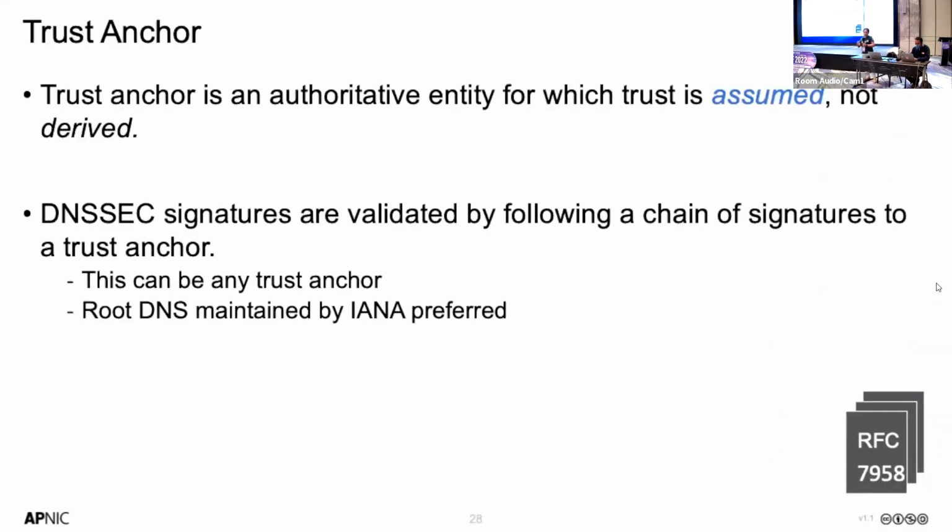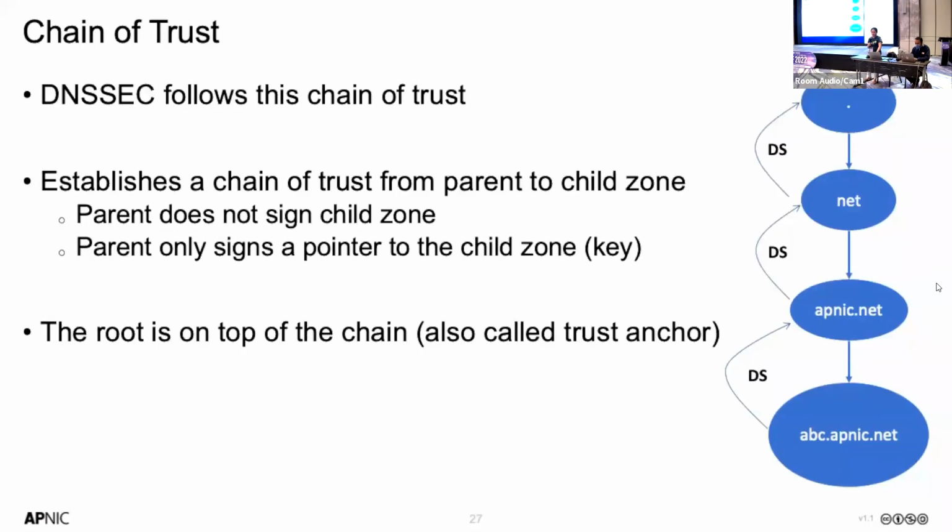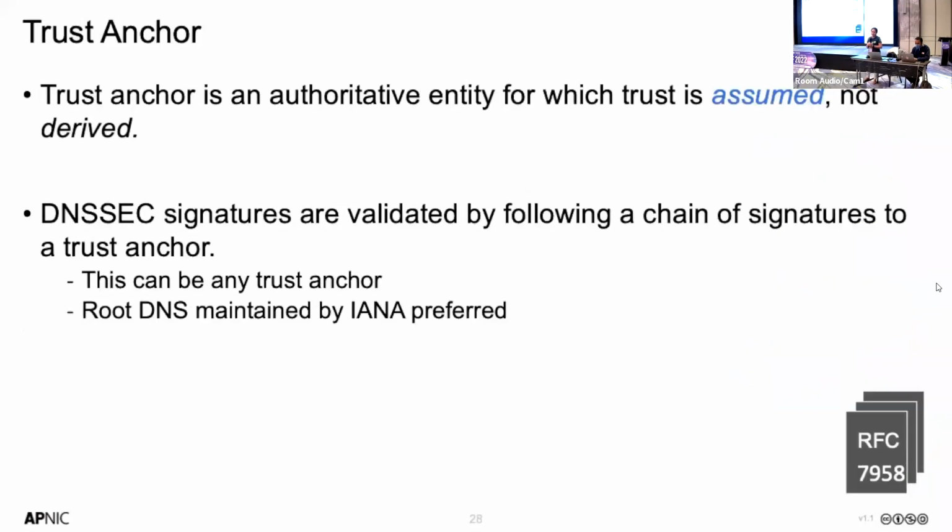So what's the purpose of the trust anchor? We said that the root is the top and it's your trust anchor. A trust anchor generally is an authoritative entity which you trust. Trust is assumed and not derived, because that is the start of the trust. So you make sure that there is an assumed trust between your entity, your client, and the trust anchor, which in our case is your root zone.